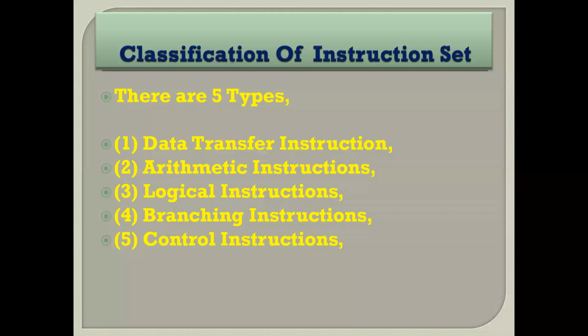For example, MOV A, B means whatever data is present in B gets transferred into A. So these only transfer the data from one place to another. It might be from one register to another register, or from a memory location to a register, or from a register to a memory location.